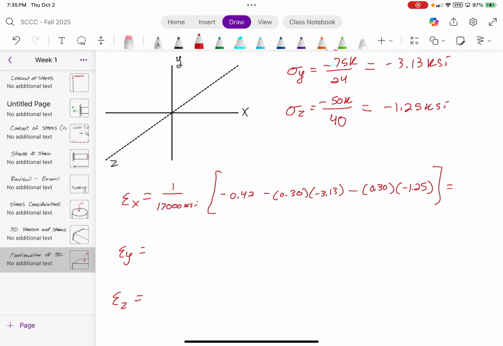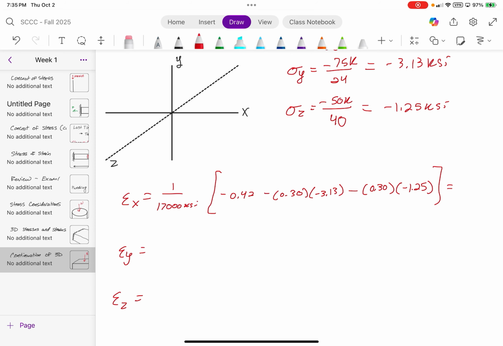What did you do, Nicole? Were you trying to find it for each force independently? I put stress over the modulus.